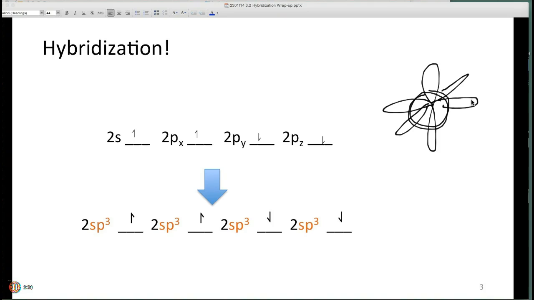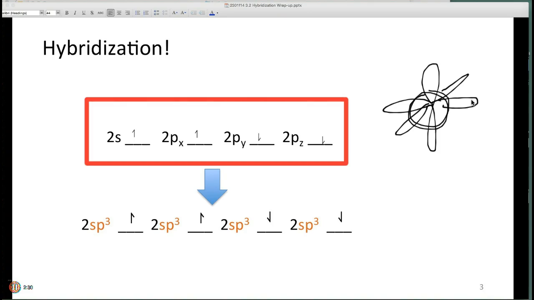If my carbon atom tries to make 4 bonds with a 2s orbital, a 2px, a 2py, and a 2pz, then we're going to have, simply put, 90-degree bond angles. And we know that's not true. As we've learned from VSEPR, they are 109.5-degree bond angles. So how do we explain that?